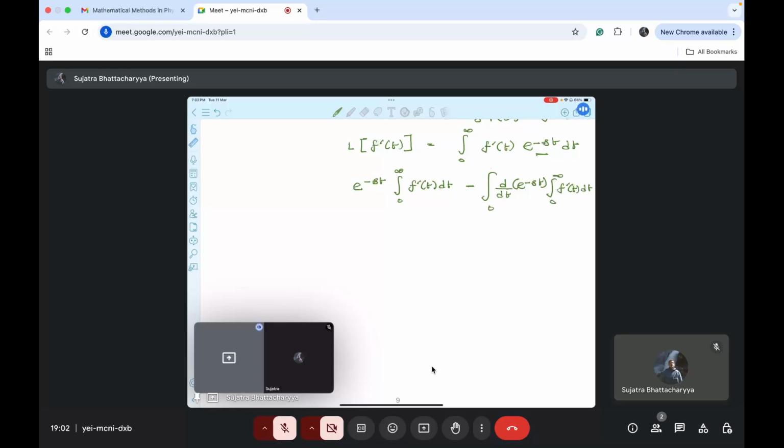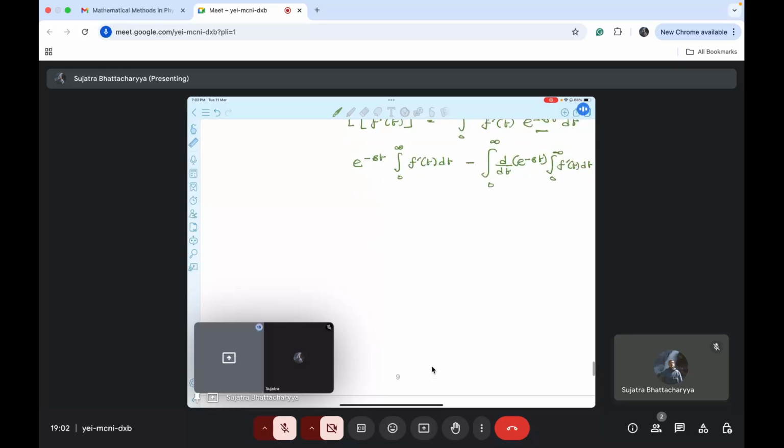So here what will happen? It will be e to the power minus st f t because it is already f dash t. Now you have the integral from 0 to infinity. Okay, minus. Remember this integration limit will be open everything. And this becomes plus s integral 0 to infinity as it is e to the power minus st f dash t, which can be written as f t.